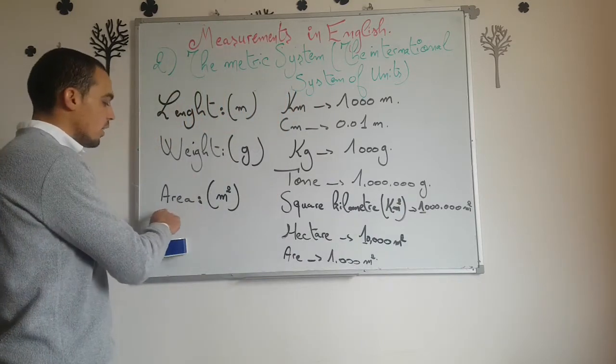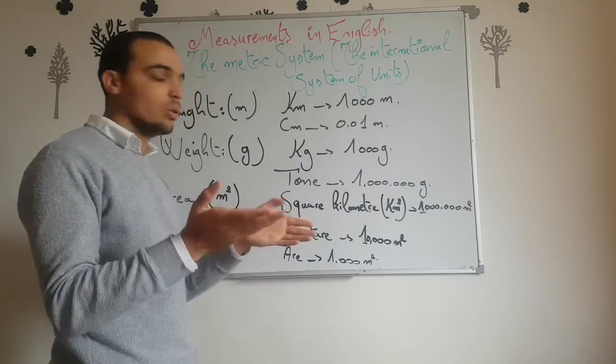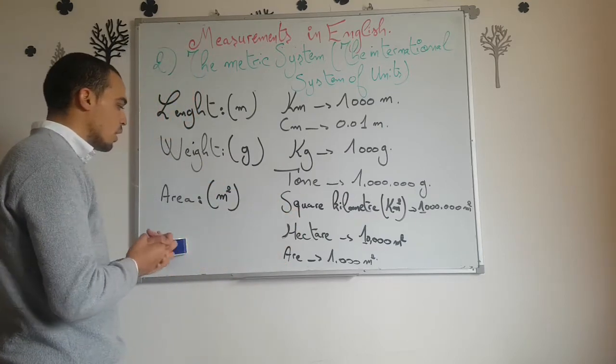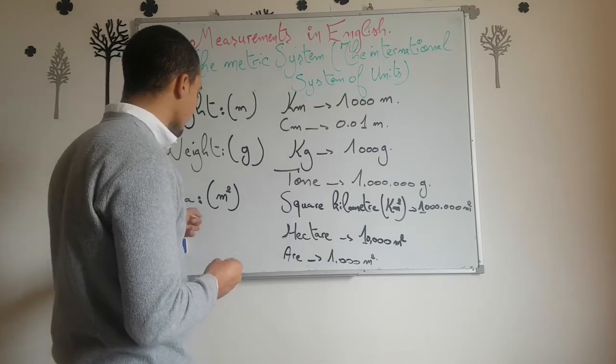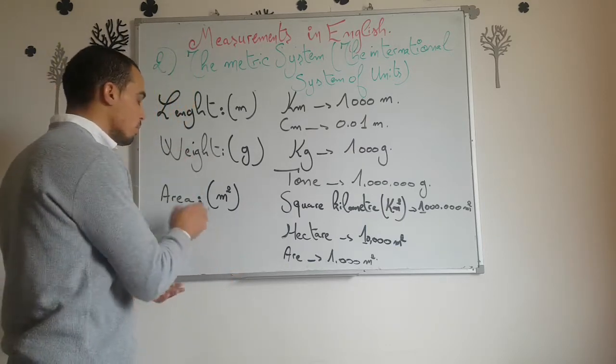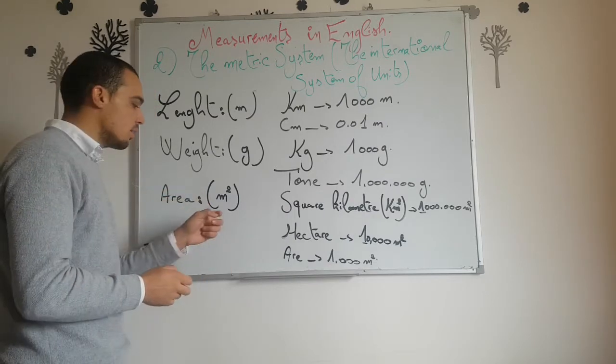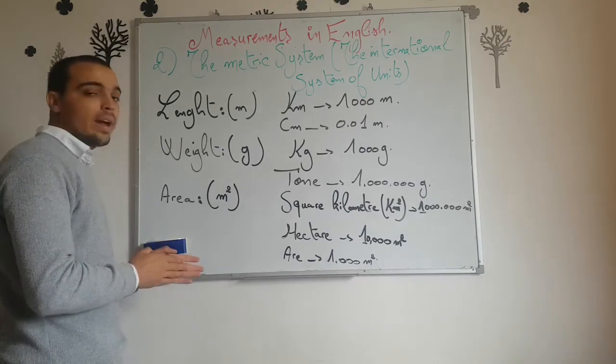Then we have the area, and what units are used to measure it. In the metric system, the main unit used is the square meter.